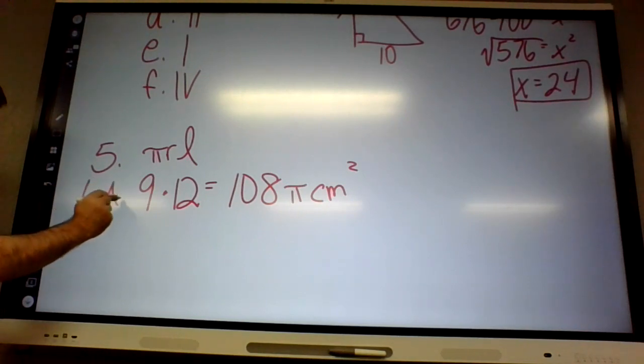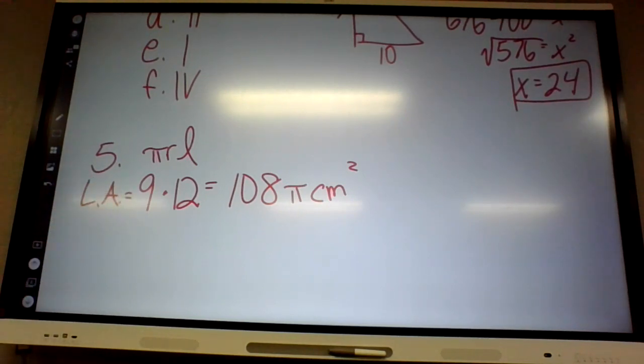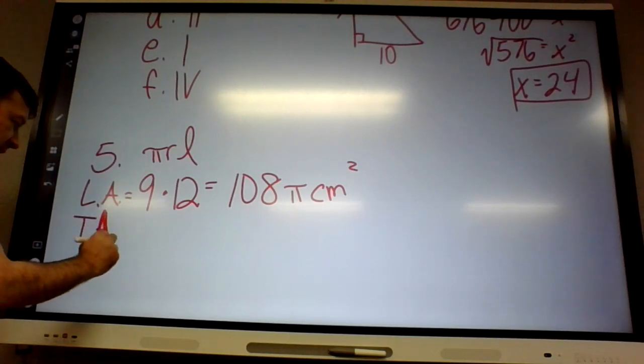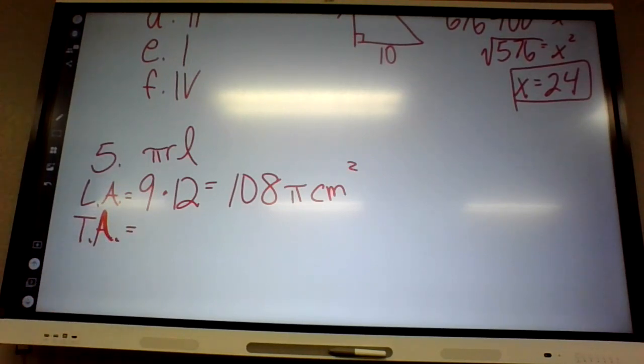I'll put this. Okay. What else needs to be included to find the total surface area? What are we missing? We've got the lateral area, which is around the cone. So what are we missing besides around the cone? The base. And what is the base?